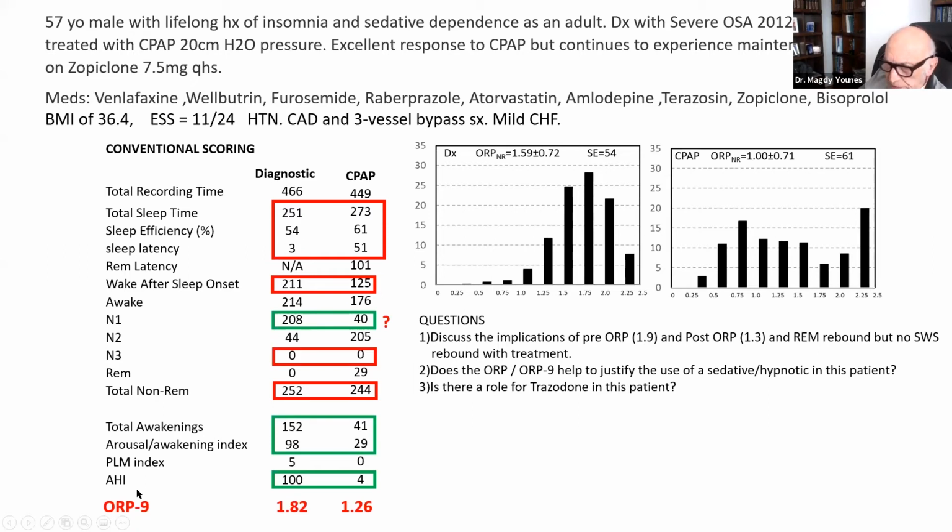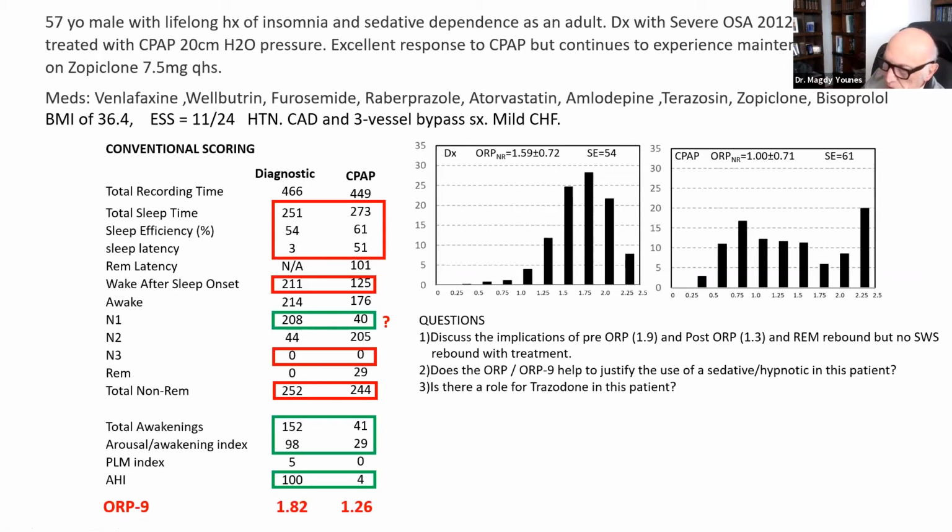So now one of the things we reported when they sent us this file, Sonny and Chuck, they have the scoring. So it generated something called ORP9, which I don't know if you have heard before, but the ORP9 is the ORP that we can measure within 9 seconds of the end of an arousal. It is really a marker of how fast sleep deepens after an arousal.